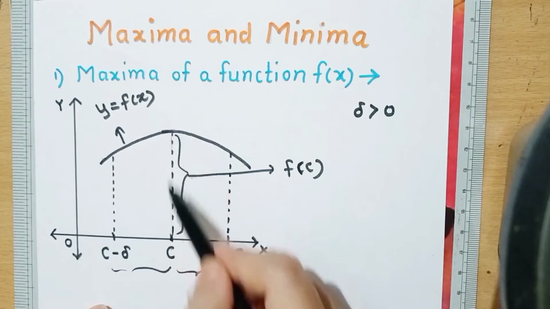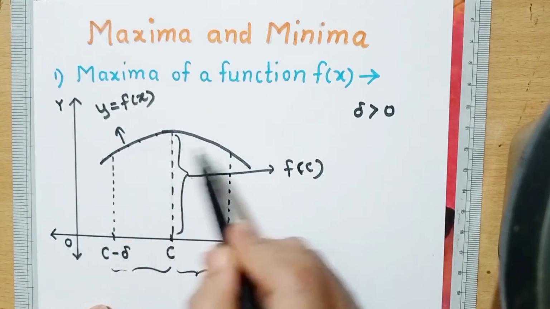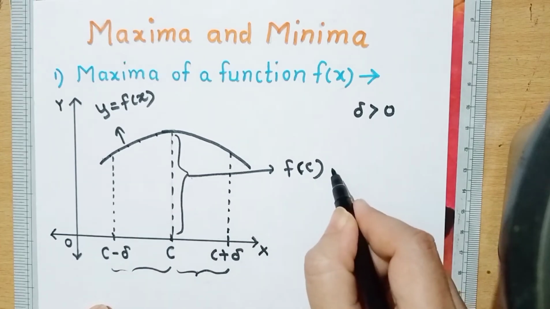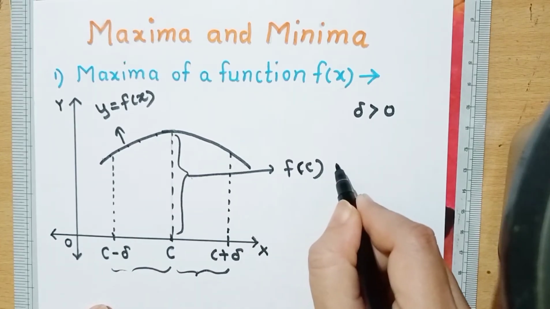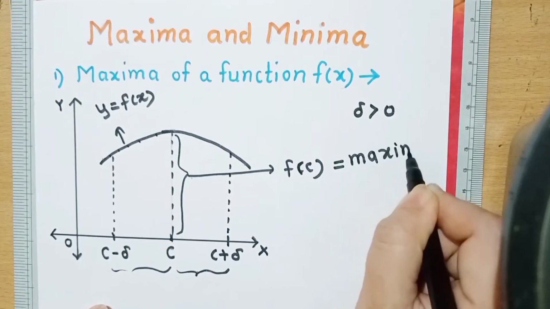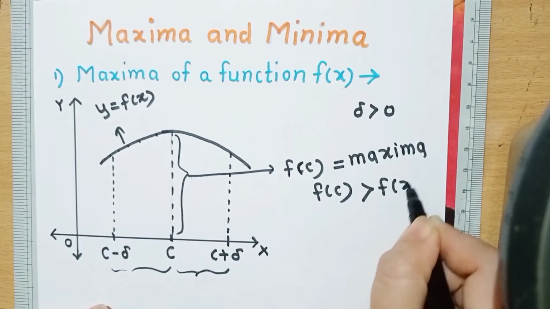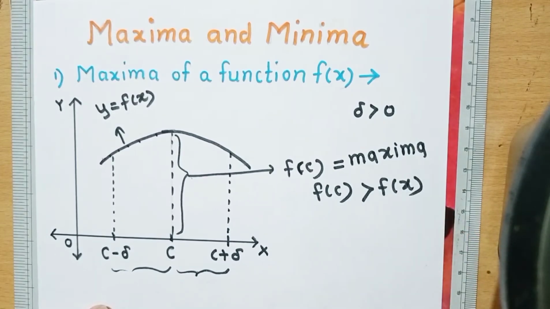Now check, this distance is greater than any other value of the function. So this f(c) is called the maxima of the function. f(c) is greater than any other value of the function.